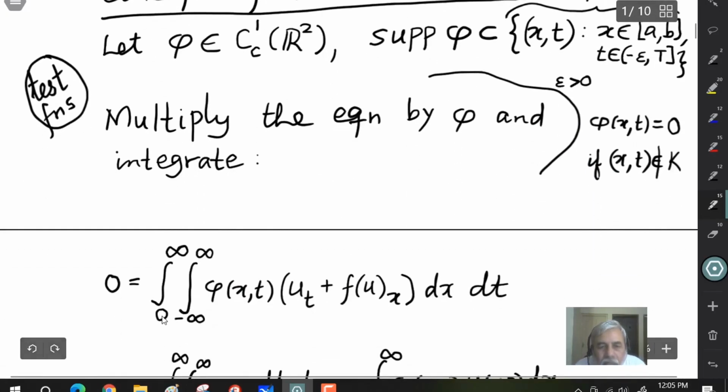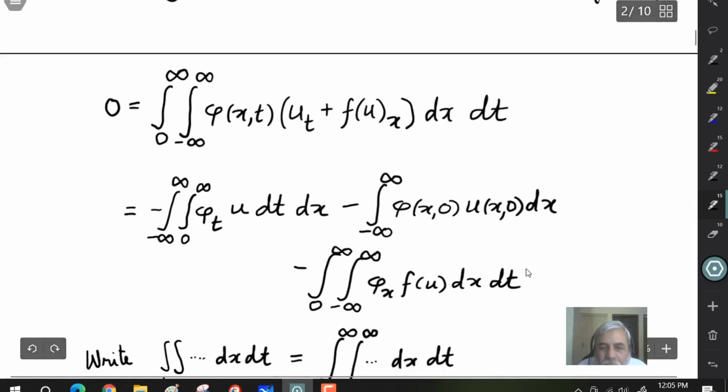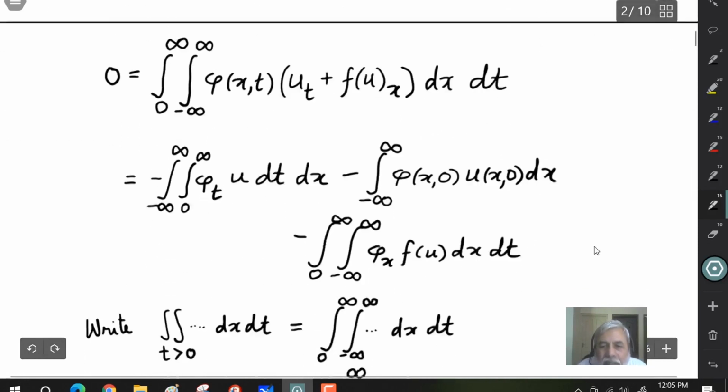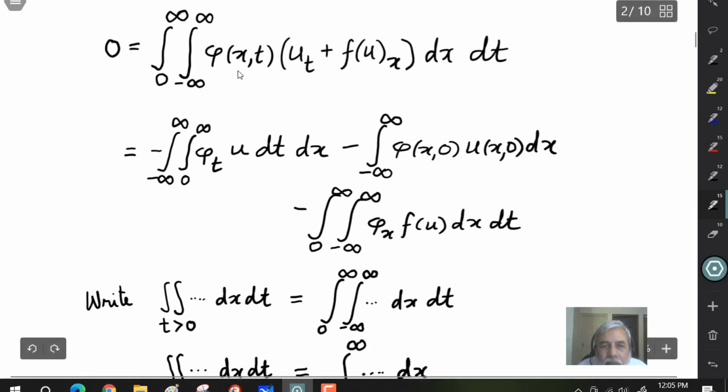With respect to t it's 0 to infinity, and with respect to x, the whole of the real line. And now you integrate by parts. With respect to t here, I do this, with a minus sign after integration by parts.